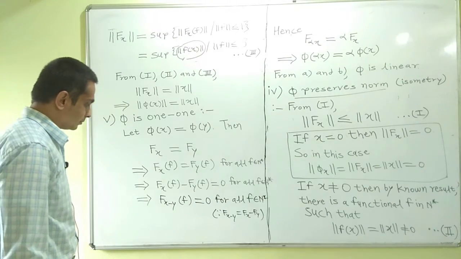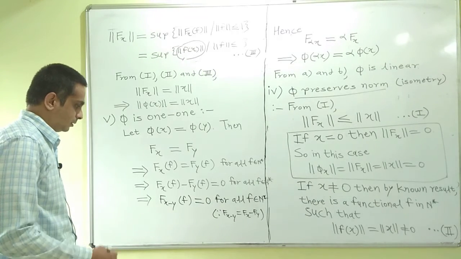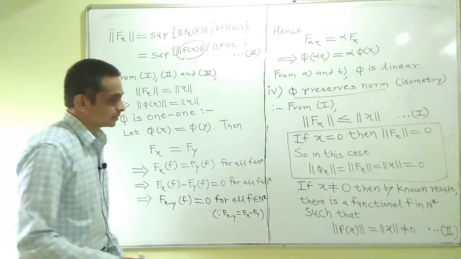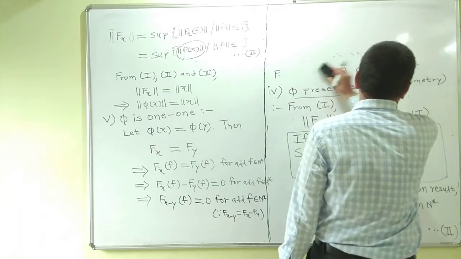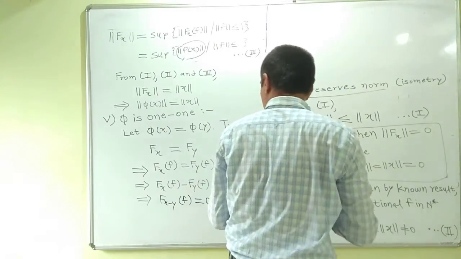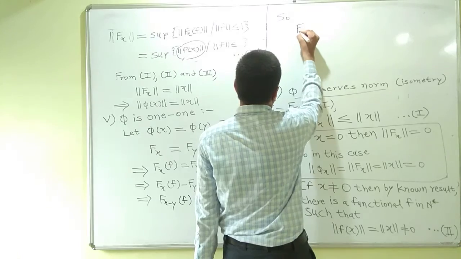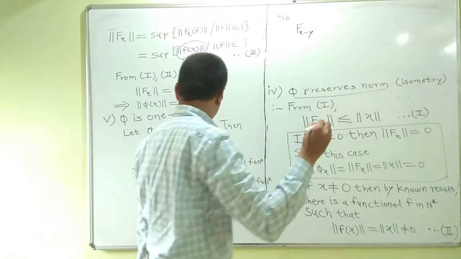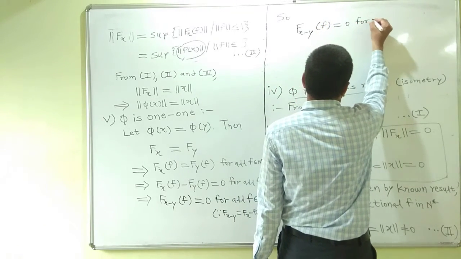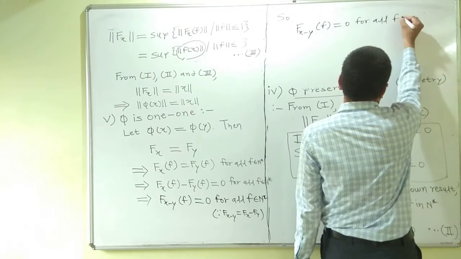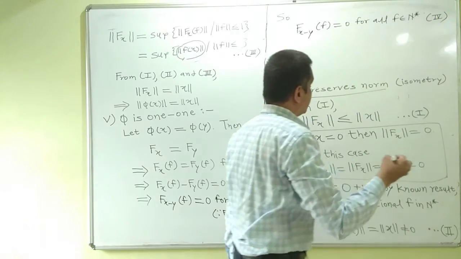Okay. So let me repeat this statement and call this as fourth. Thus, what we proved, if phi x is equal to phi y, then f of x minus y is equal to 0 for all f belongs to n star. Call this as statement number 4.